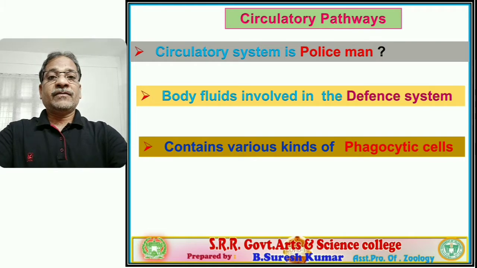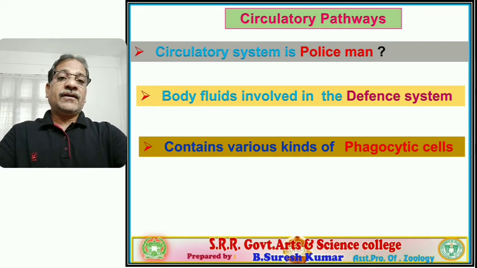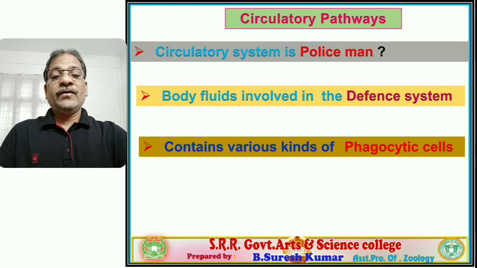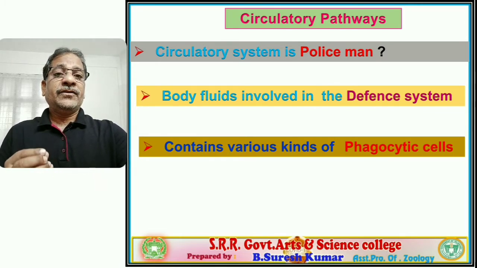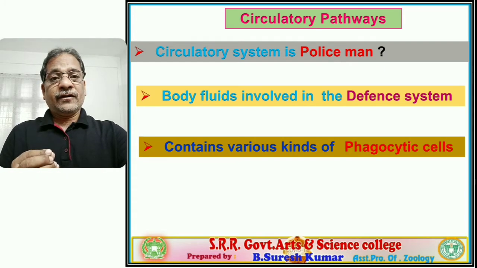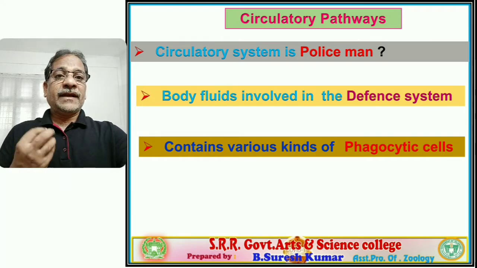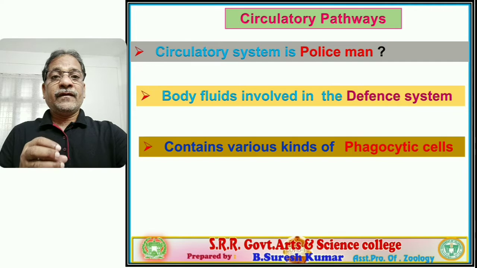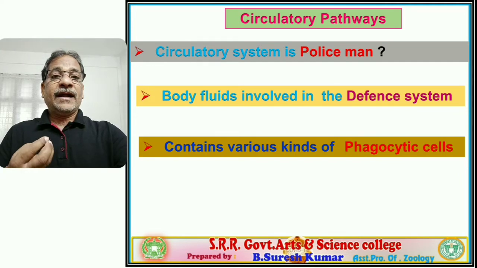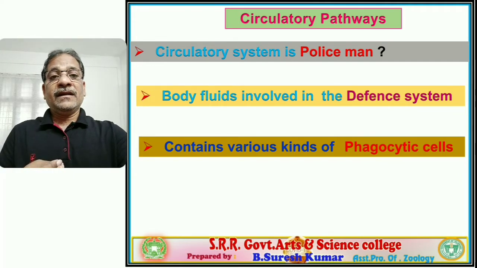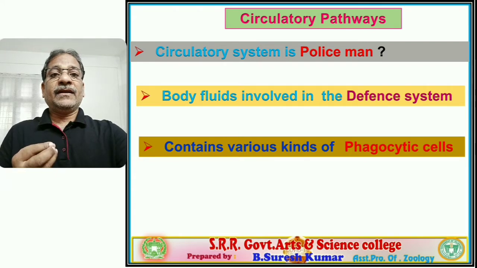The white blood corpuscles, leukocytes, of various kinds are there: neutrophils, monocytes, basophils, like that. The neutrophils are effective macrophages. Followed. They engulf the invaders: microbes, viruses, pathogens. They provide resistance to our body, and they play a key role in our immunity, isn't it?